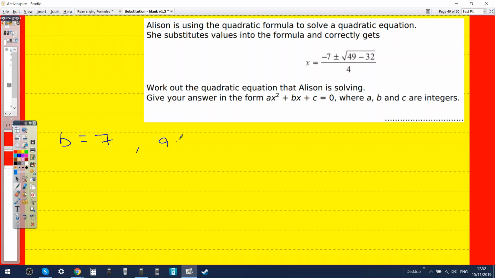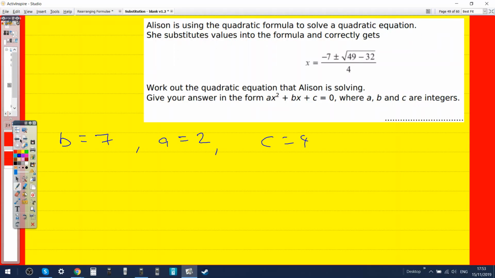So 2x squared plus 7x. And C is, so if it's 4, so 32 divided by 4 is 8. And then 8 divided by 2, I think, is 4. So C equals 4.